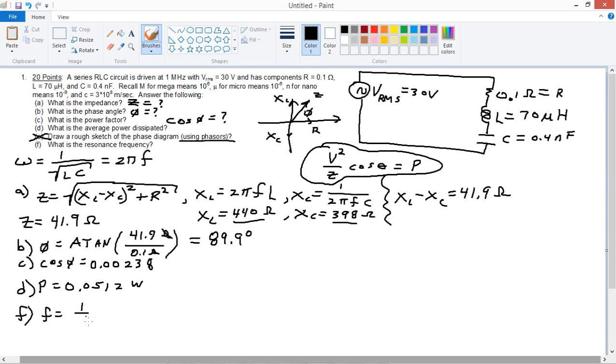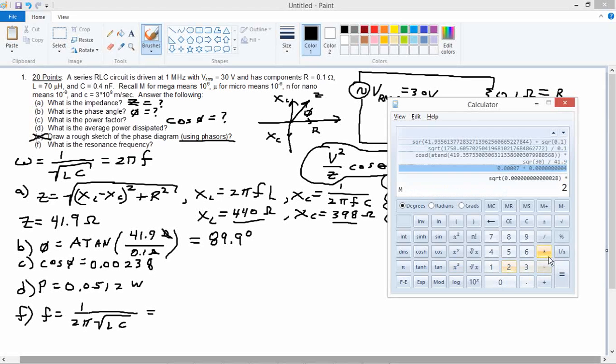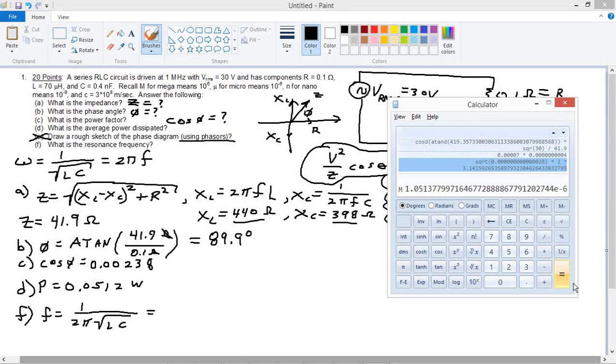F equals 1 over 2 pi, the square root of LC, equals, let's see, 70 microhenries times 4/10 of a nanofarad, equals, take the square root, multiply it by 2 pi, equals, and now I have to take a reciprocal at the very end.